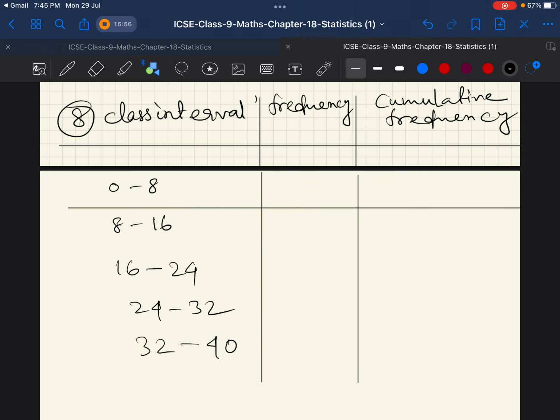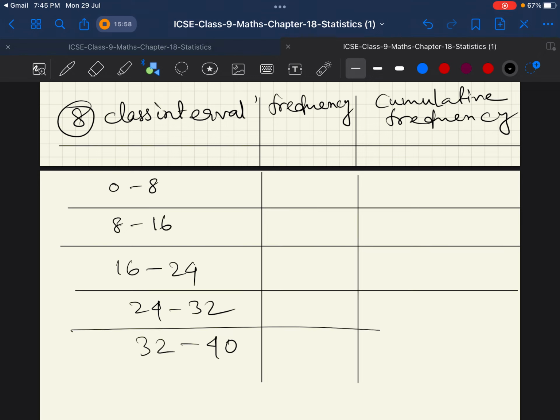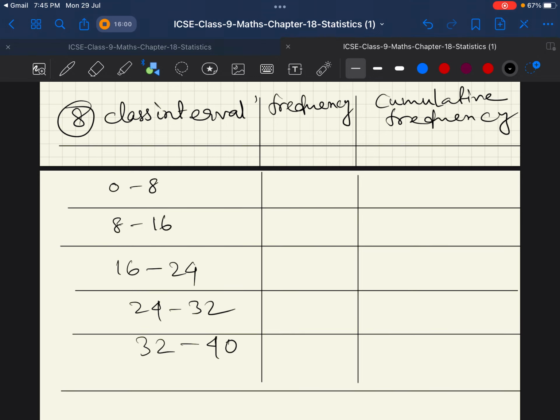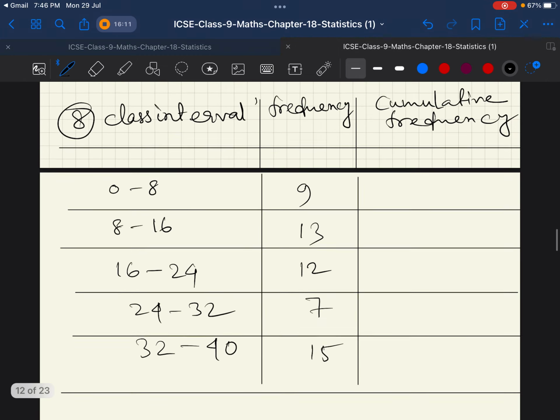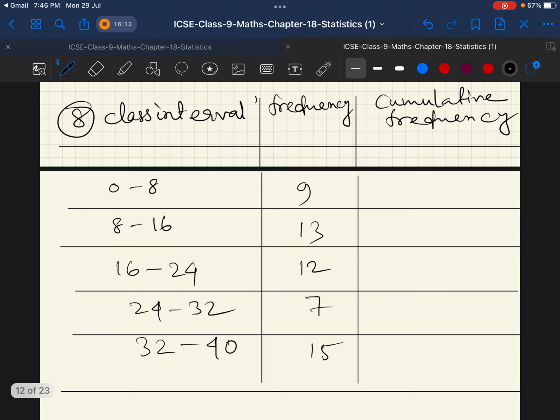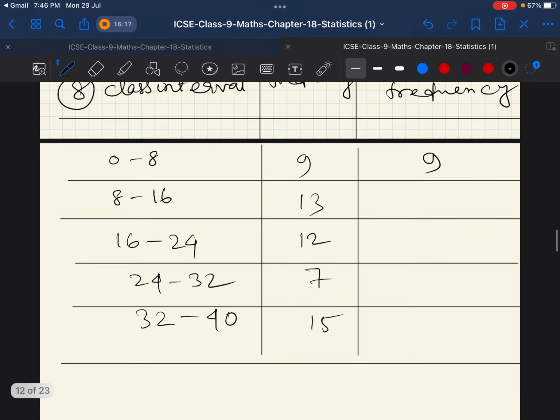Okay, so now here frequency from 0 to 8, 9, then 13, then 12, 7 and 15. Okay, now cumulative frequency, we can write here first value. Okay, then add 9 and 13, 22.